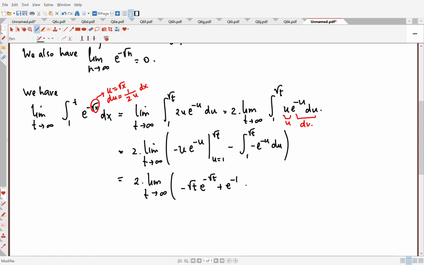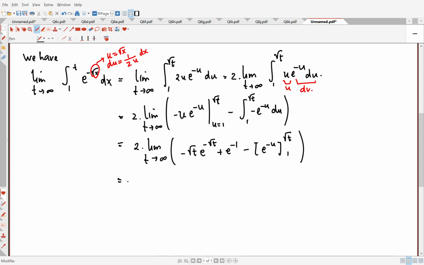Then this will become minus e to the power of minus u from 1 to square root t. So we will have 2 times limit t tends to infinity of minus square root t e to the power of minus square root t plus e to the power of minus 1 minus e to the power of minus square root t plus e to the power of minus 1, right?